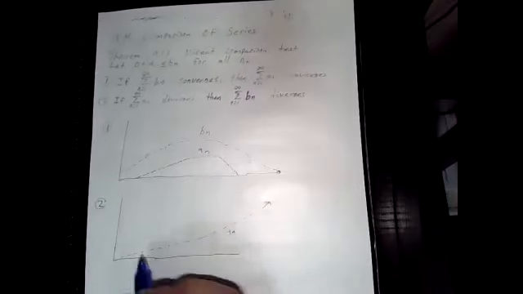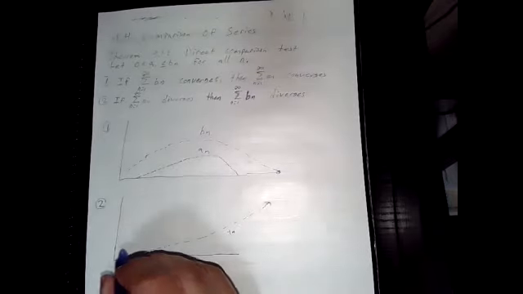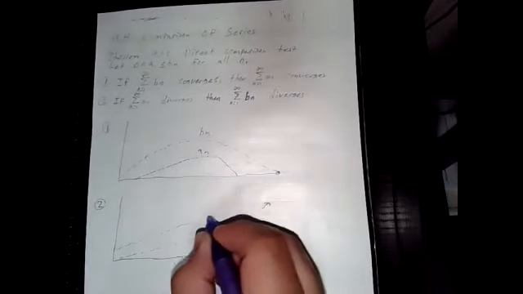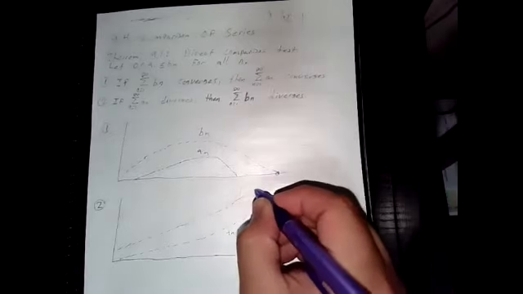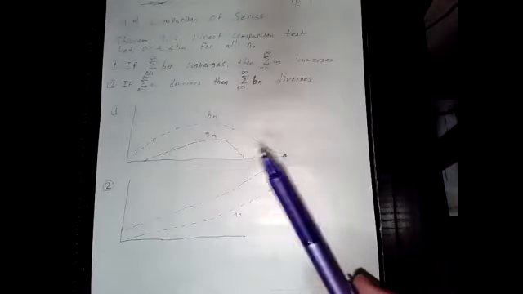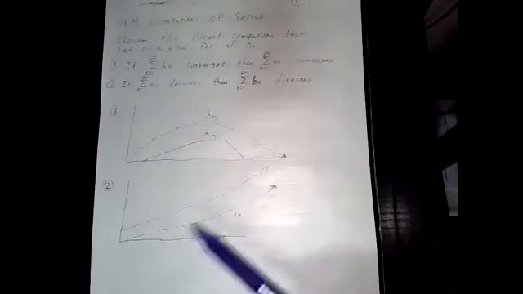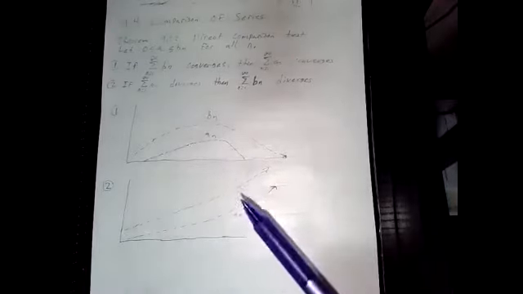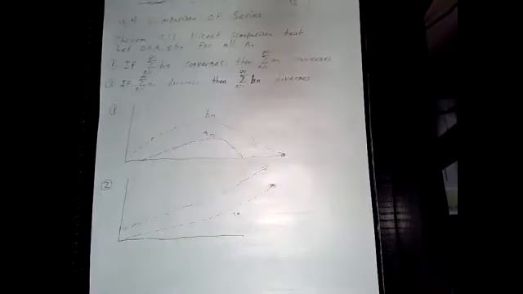Then, if the small one's divergent and the big one's up here somewhere, then it must also diverge. So basically, what we're saying here is, you know what one of them is doing, so you'll make an assumption about the other based on this theorem. And you're the one that will have to choose the Bn to compare to. It won't be given to you.